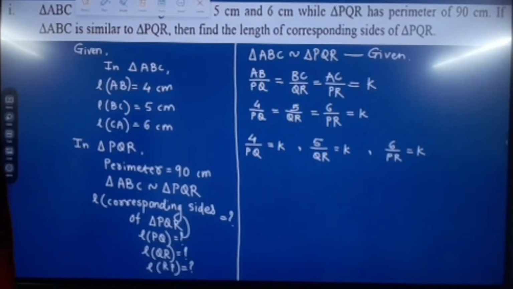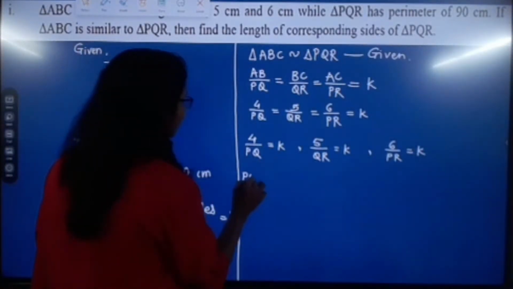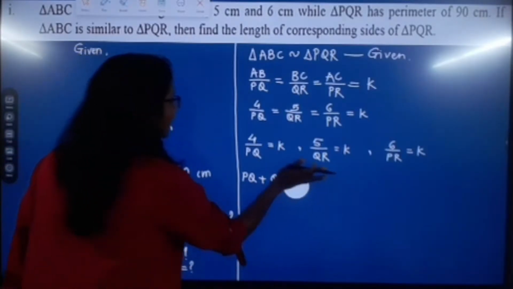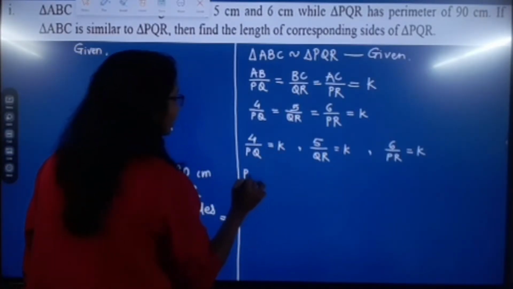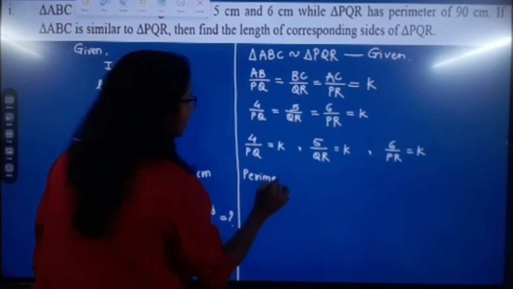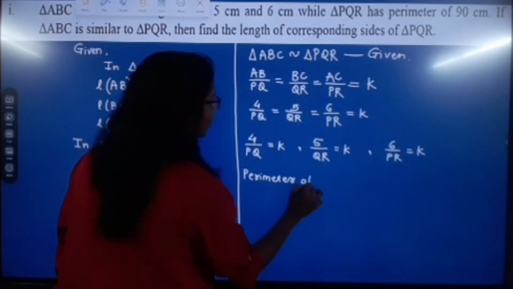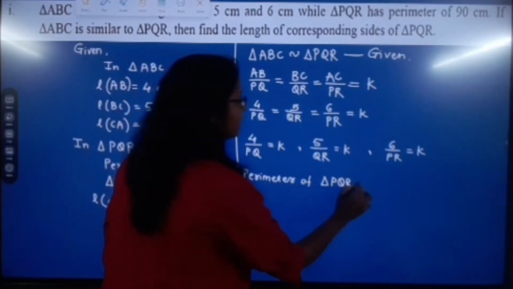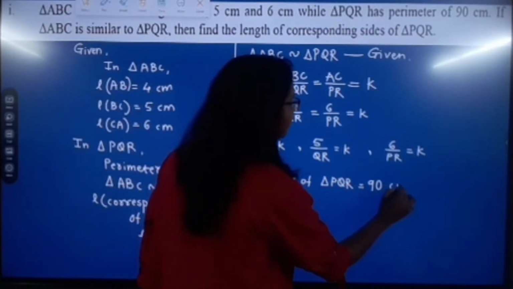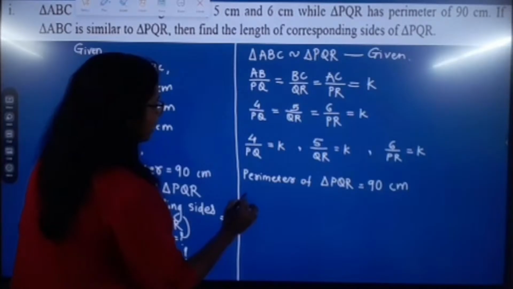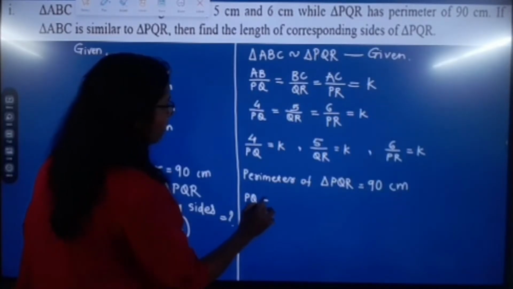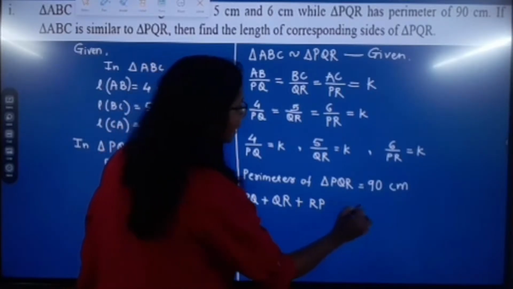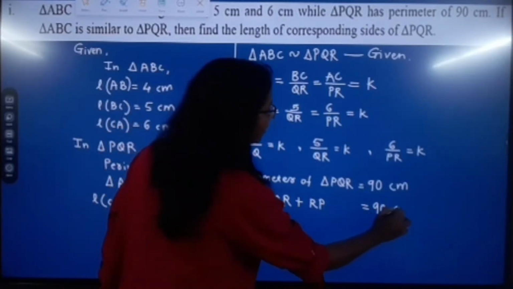So here we know that first I write down perimeter of triangle PQR is equal to 90 centimeter, and that means here PQ plus QR plus RP is equal to 90 centimeter.